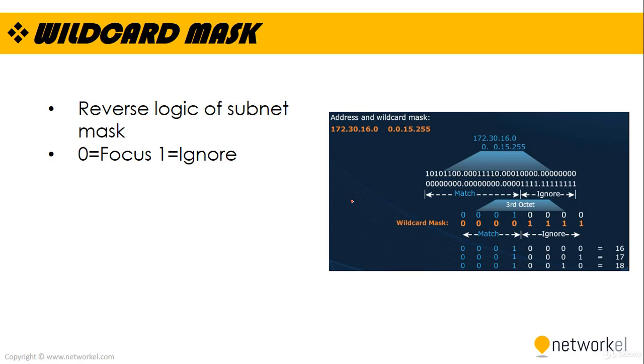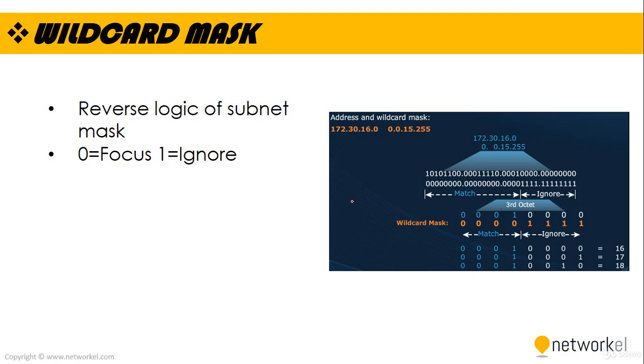Okay, let's go ahead with the wildcard mask term. A wildcard mask is a mask of bits that indicates which parts of an IP address are available for examination and determines what IP addresses should be permitted or denied in access control lists. A wildcard mask has the reverse logic of a subnet mask.